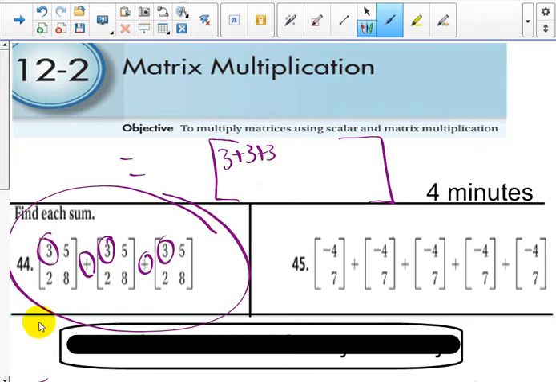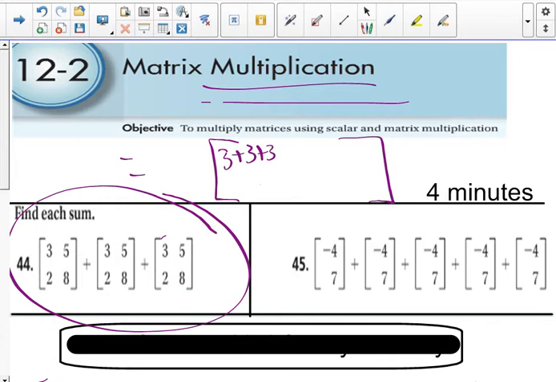And your mathematics signs, not multiplication. Today is about multiplication, but right now we're doing addition, right? So then we have our next corresponding element, 5 plus 5 plus 5, and that would go here.